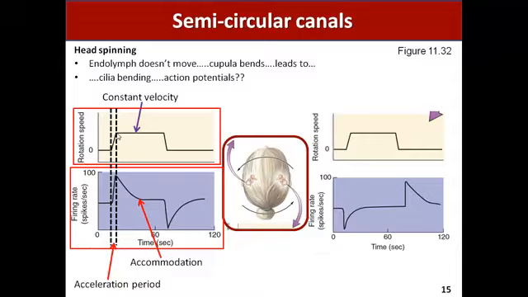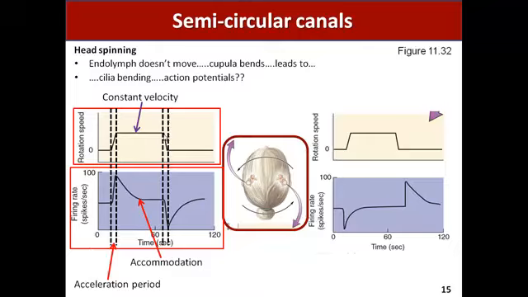When the body has achieved a set velocity of spinning, we start to see that firing rate decrease, and it achieves a steady state level which is just slightly higher than the baseline level recorded when the head was not spinning. This is simply a period of accommodation where the neurons slow down their firing rate when the mechanical stimulus has achieved a constant level, and that's velocity in this case.